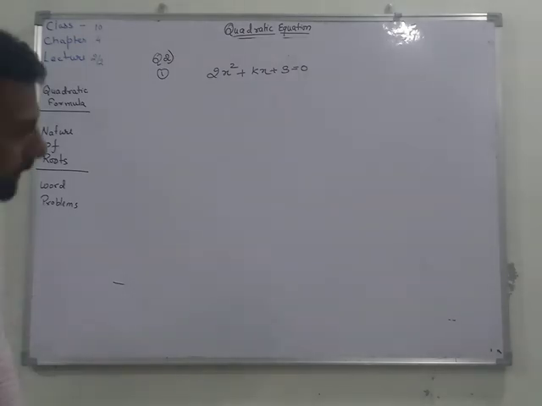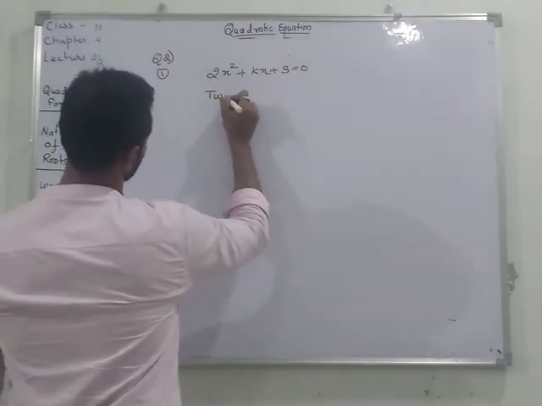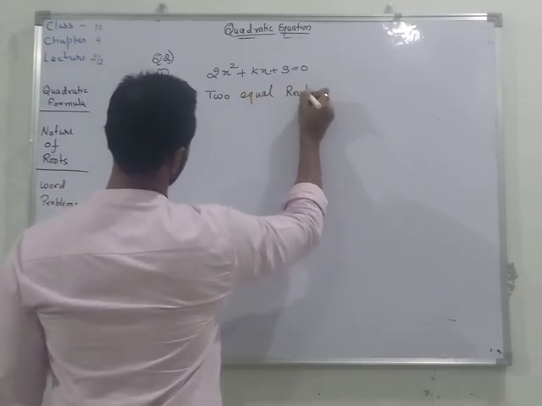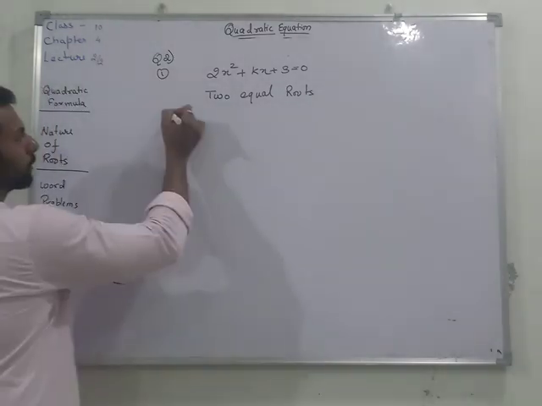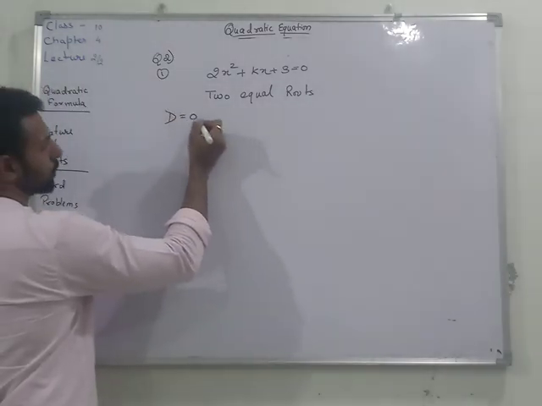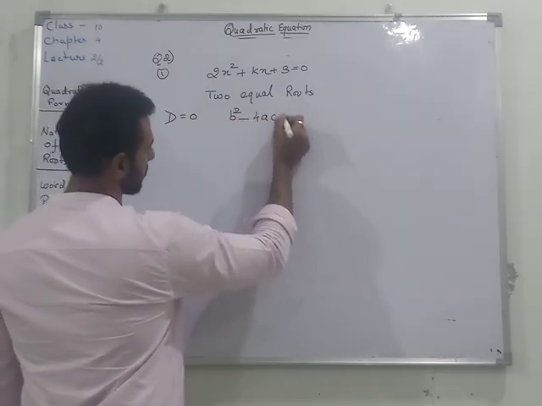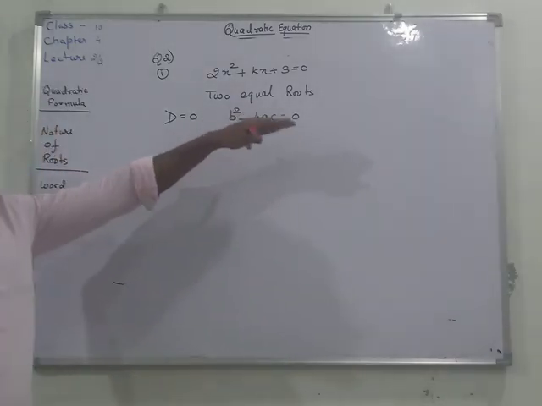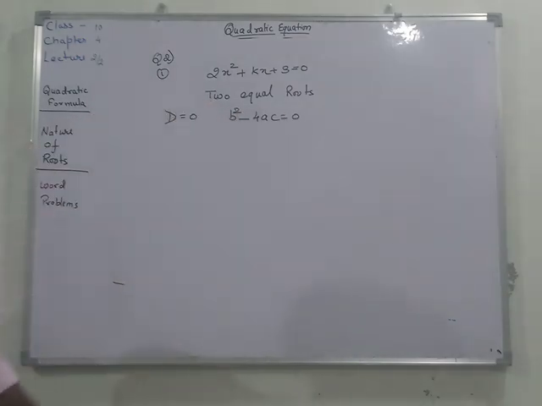In the question it is given that we have two equal roots. When we get equal roots, D is equal to 0, meaning b² - 4ac is equal to 0. At that point we get the two real and equal roots for the quadratic equation.